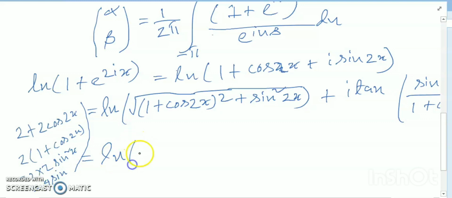So ln 2 cos x, because 1 plus cos x is equal to 2 cos square x.